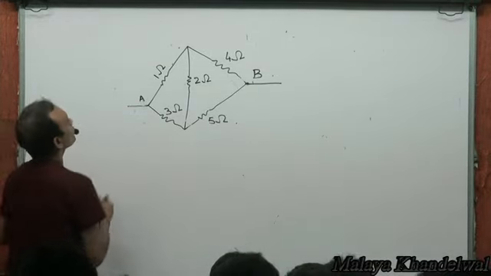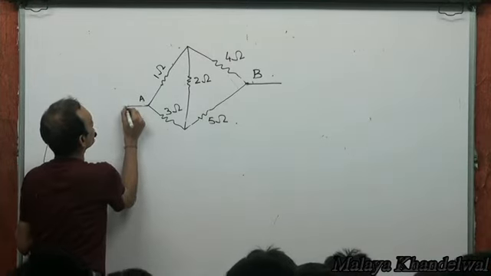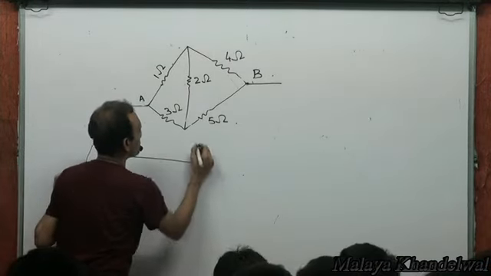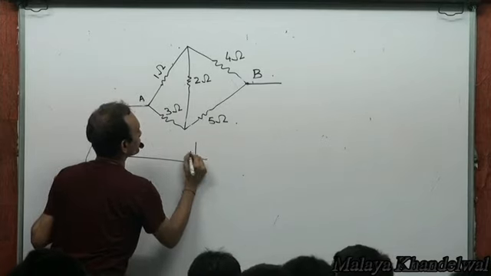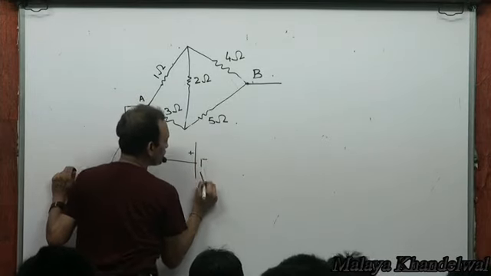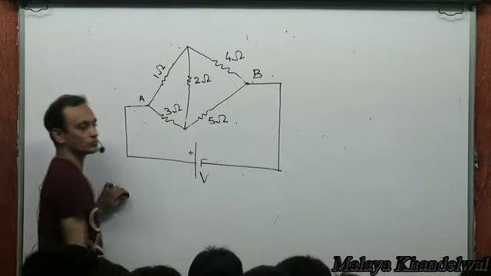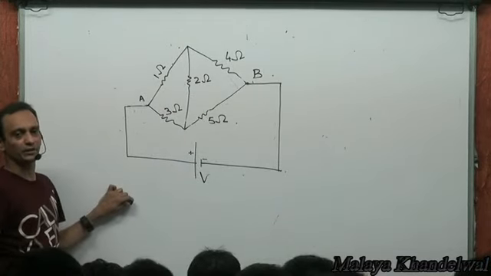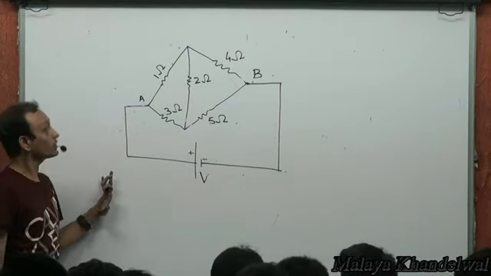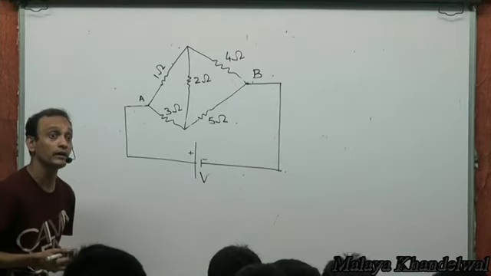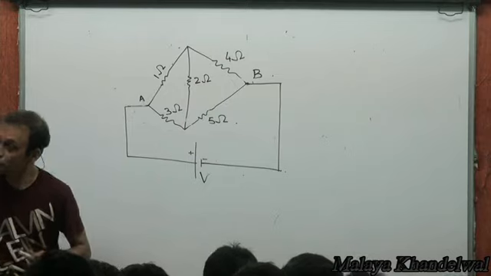Now, like I told you, I imagine a hypothetical battery, say V volts, between points A and B, where I'm seeking the equivalent resistance.